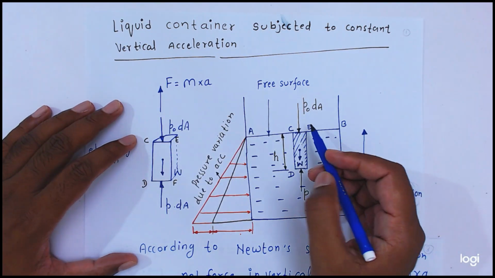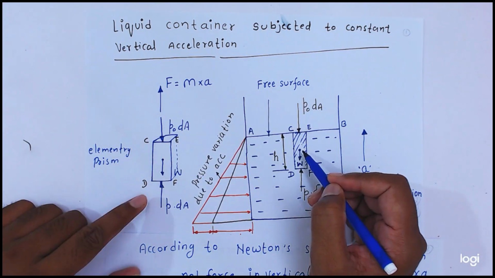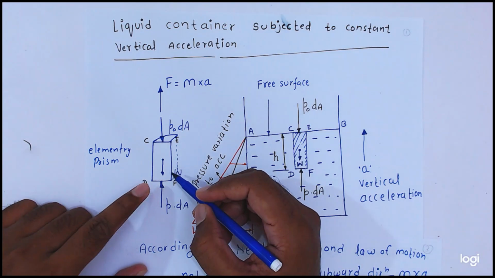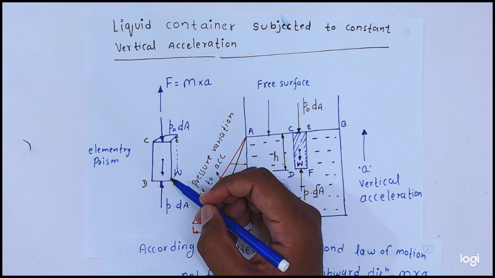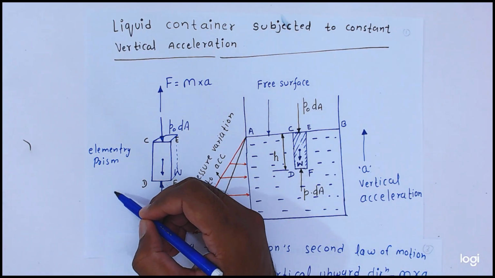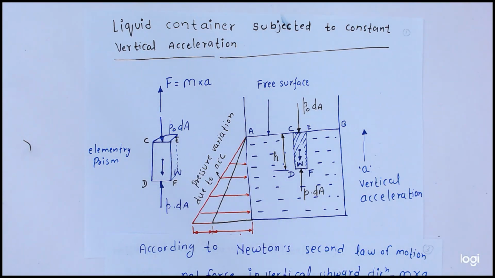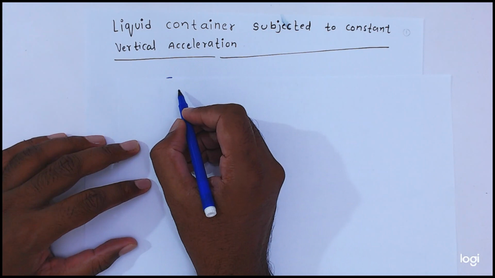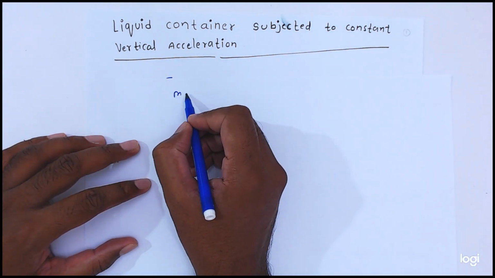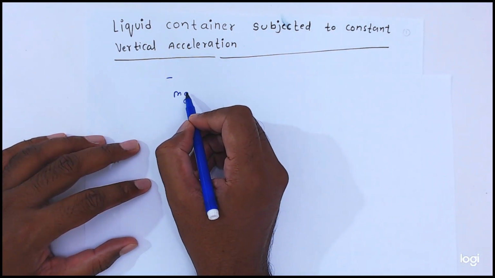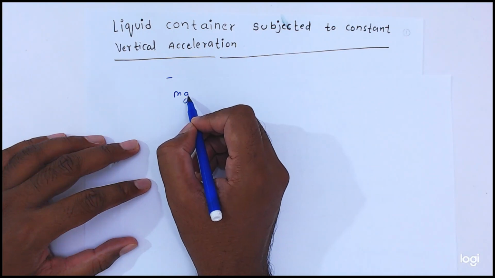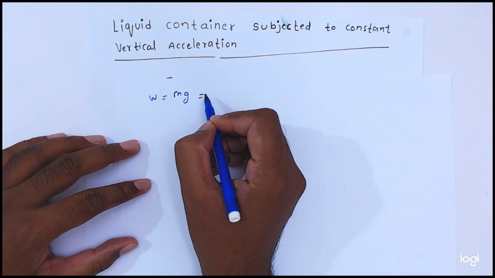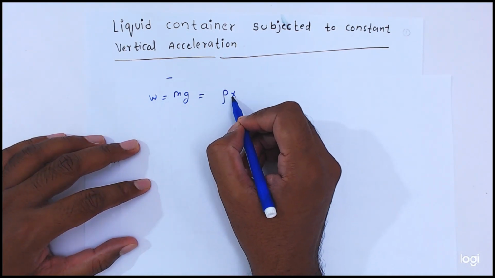Rho g dA h means what? What is the weight of this prism? Weight is mass into gravitational acceleration. Mass is density into volume.